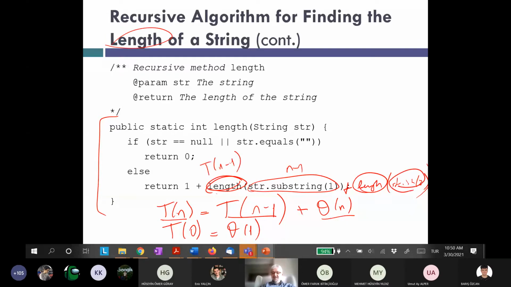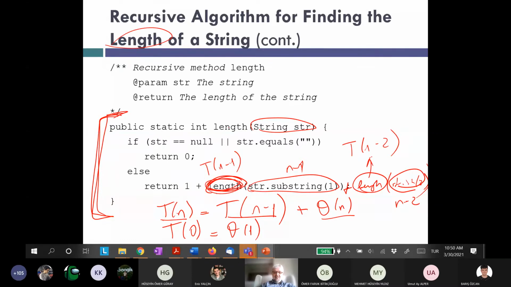What is the size here? n minus 2, for example. What is the running time of this one? T(n minus 2). Since actually this call will run this one with a different size string, and the string size is n minus 1 or n minus 2 in different cases.